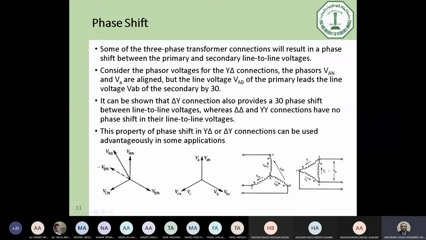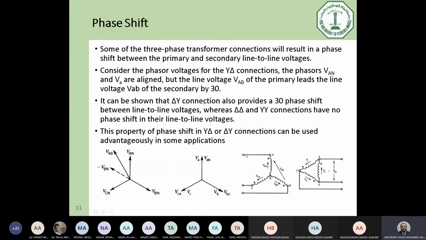So in terms of the vectors, you will find VAN and VA of the delta connection in phase. There is no phase shift between them. Okay, so as you can see, VAN is here. This is for the star one, and for the delta one, VA or VAB is in phase with VAN. Is it right?